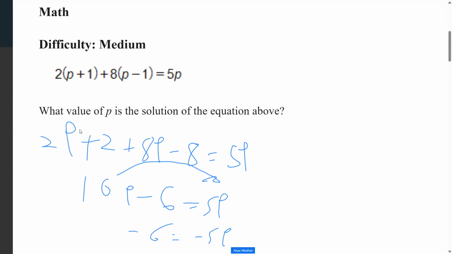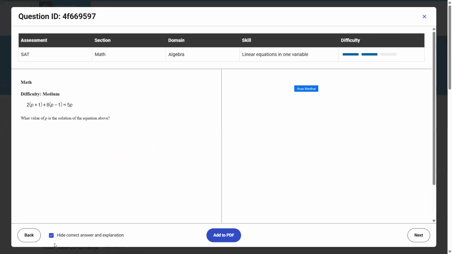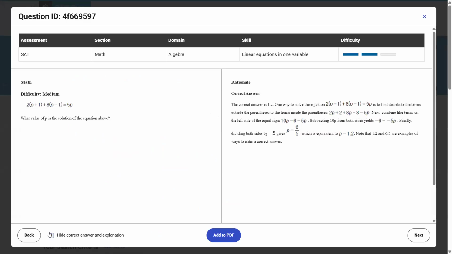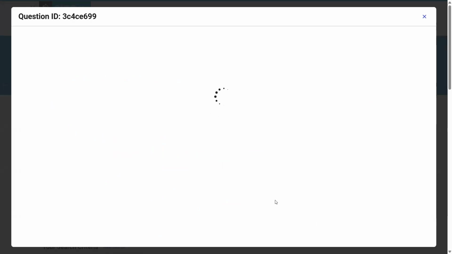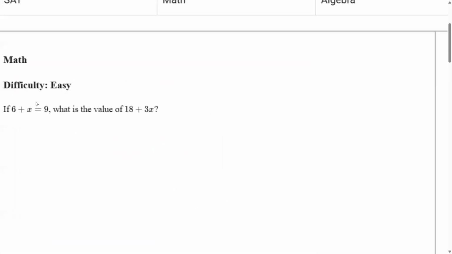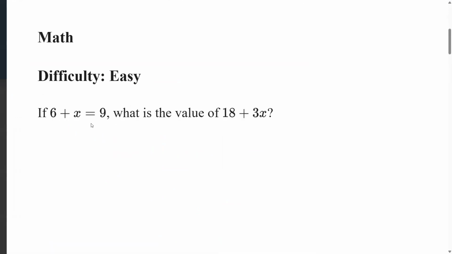So p is equal to 6 over 5. If 6 plus x equals 9, what's the value of 18 plus 3x? Multiply the whole equation by 3. 18 plus 3x will be 27. So the answer is 27.